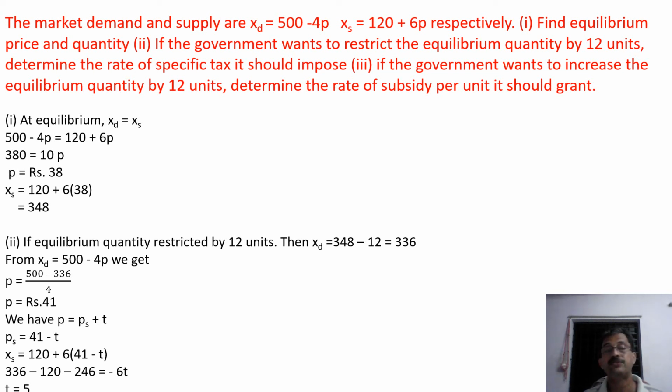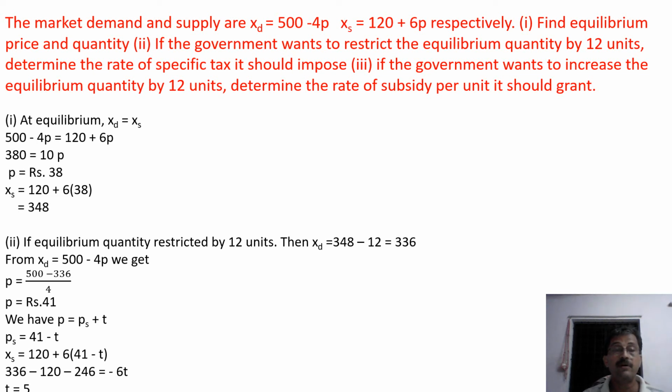If the government wants to increase the equilibrium quantity by 12 units, determine the rate of subsidy per unit it should grant. At equilibrium, we know that xd must be equal to xs. Equating, we get p 38, equilibrium price 38, equilibrium quantity 348.